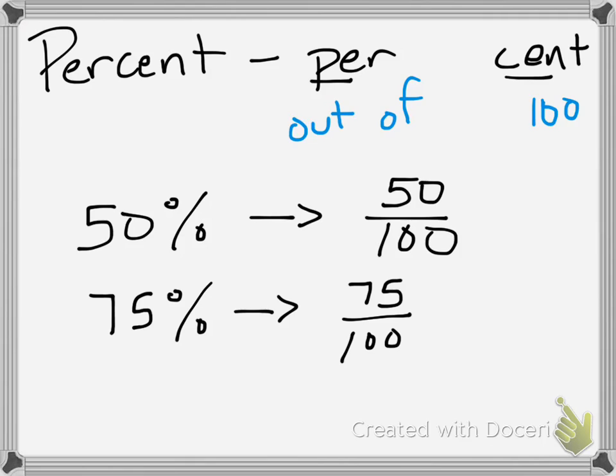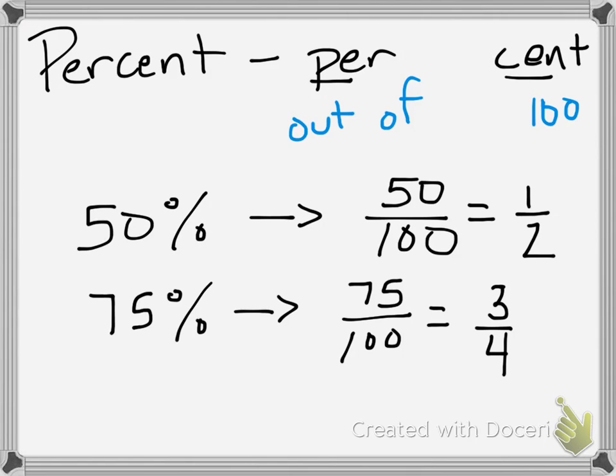Now, both of these fractions are mathematically correct, but they are not written in their simplest form. So they can each be reduced. So 50 out of 100, well, both sides could be divided by 50, and then we would be left with 1/2. And 75 over 100, both sides could be divided by 25, and we would be left with 3/4.